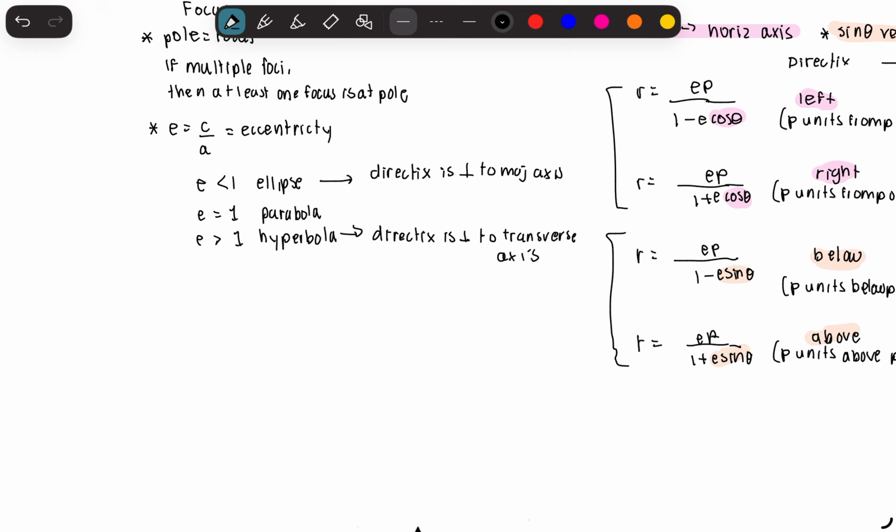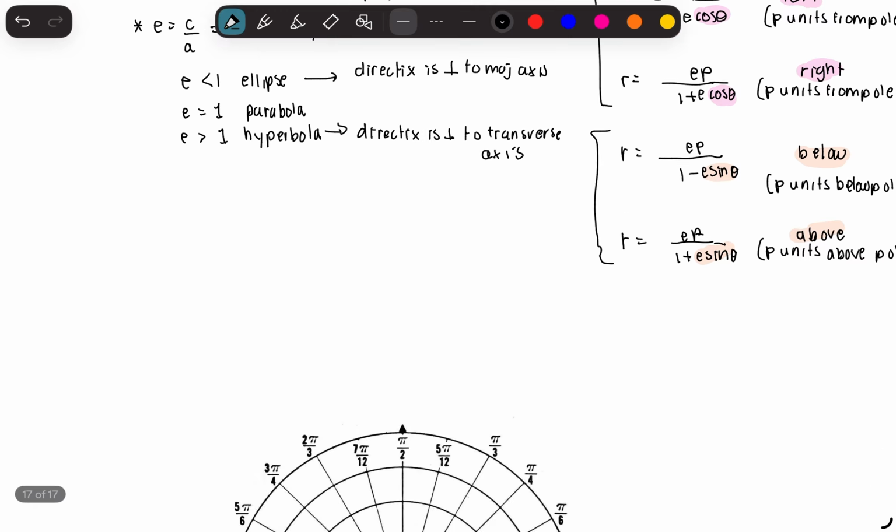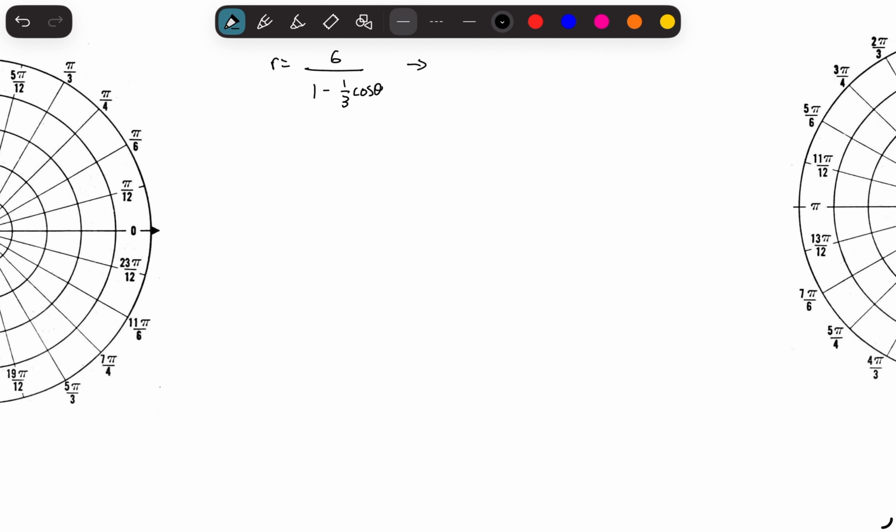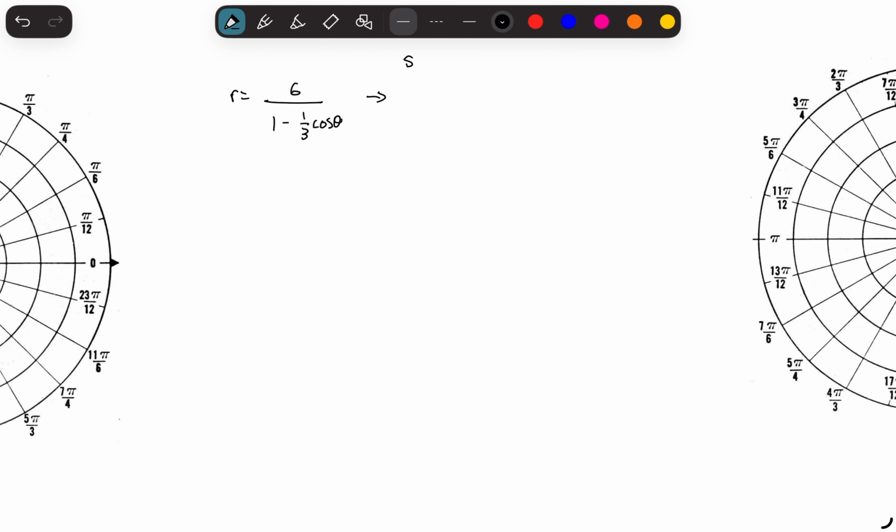Now, let's do some practice problems. So, let's say that we have a question that is r is equal to 6 over 1 minus 1 over 3 cosine of theta. So what you have to do is convert it into your standard form.